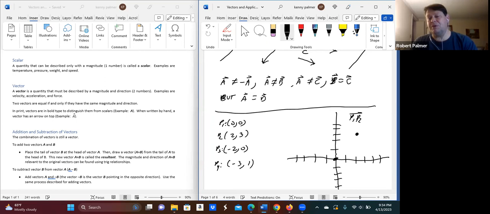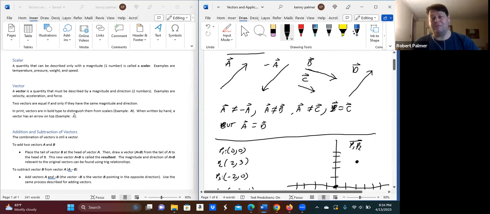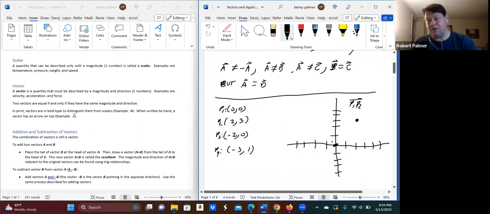A few more things to mention about the vector: the starting point of a vector is called the tail of the vector. That's the end of it. And then the arrow end is called the head. So here, my tail is at the point 0, 0. When I read this P1 to P2, the tail is at point P1, the origin, and the head is at point P2. So here's my vector P1, P2.